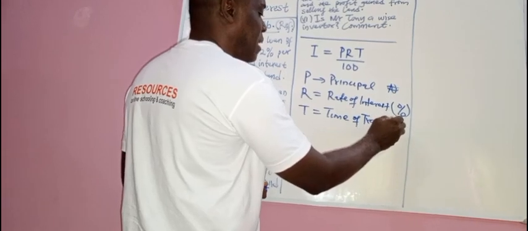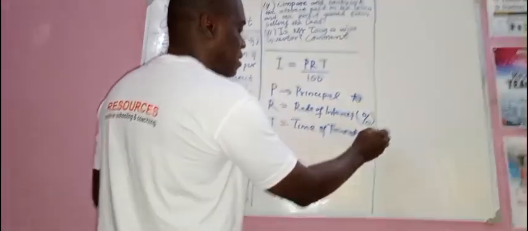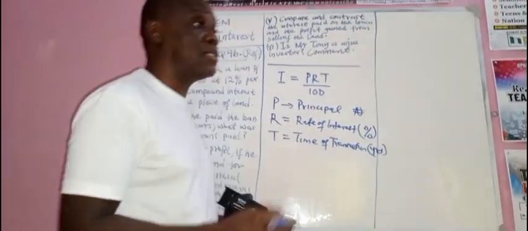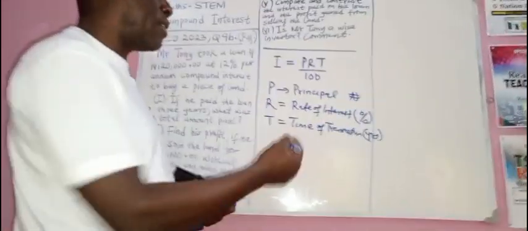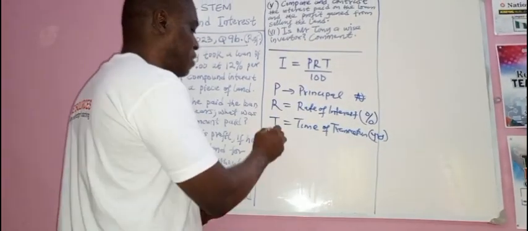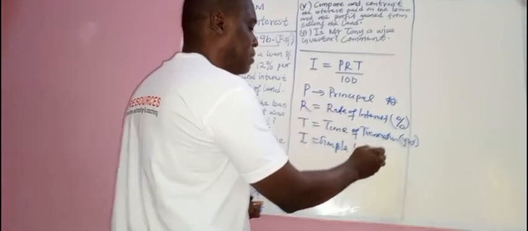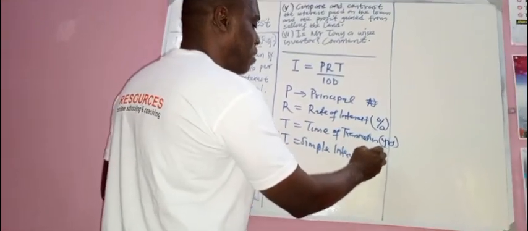The transaction can be either lending or borrowing, in years. If you are given a month or days, you have to convert it to years, okay? And I is simple interest. That is the amount that is accruable after a time T for a particular rate.